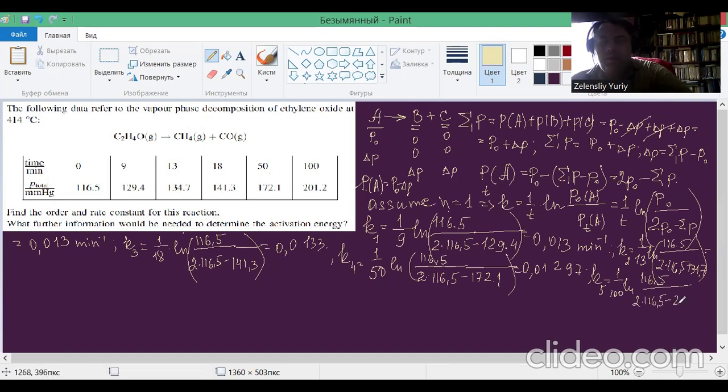Minus 1.2. We got minus 2.2. Natural logarithm, and now we divide by 200. Yeah, we got it.